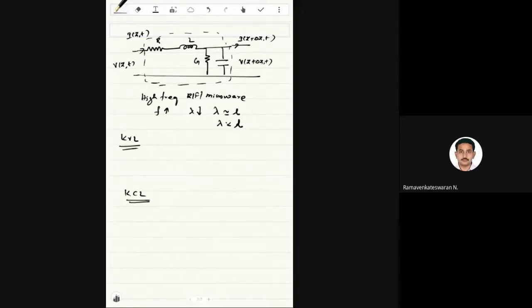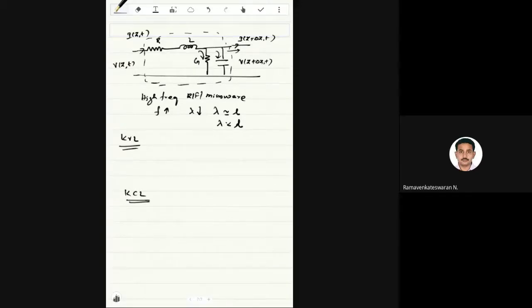And KCL: the input current equals the current across this and the current across this, and how much current is going. So we have another 15 minutes. What I will do is go through some slides, and I'll stop with the KVL and KCL for you to analyze. Slowly start analyzing it and we will come back again.